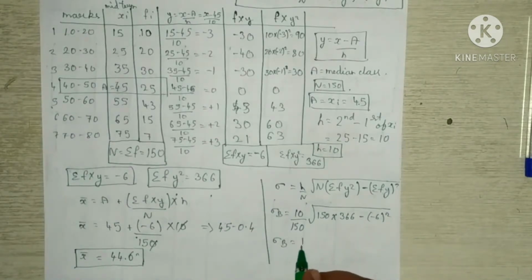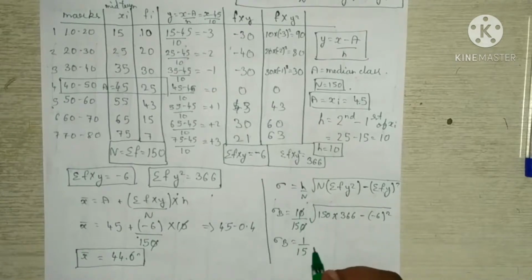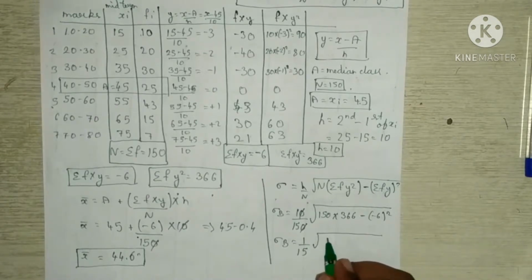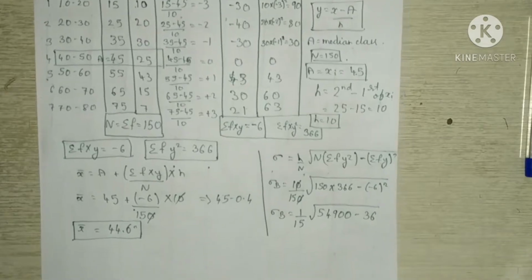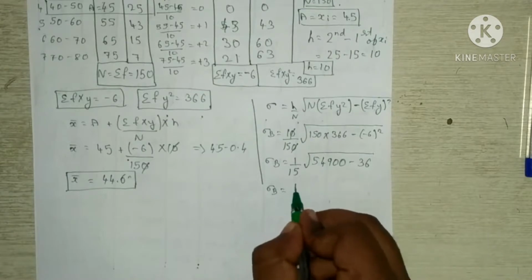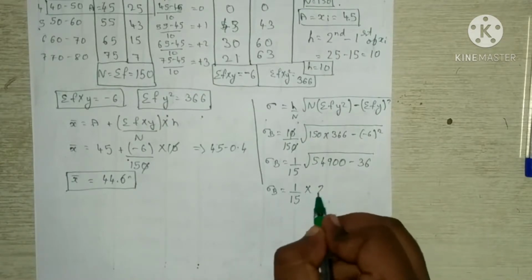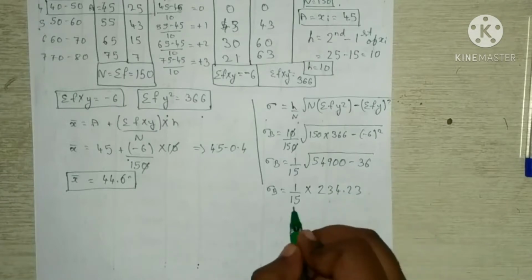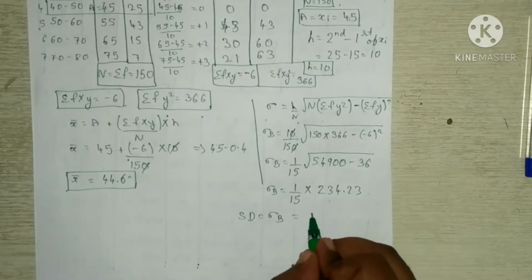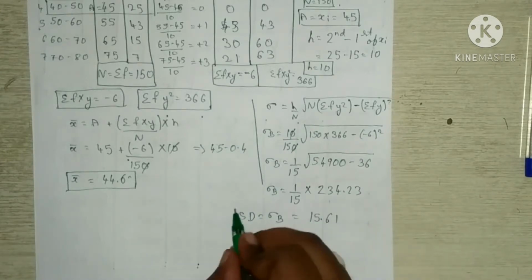Sigma B is equal to 1 by 15, zeros cancel, root over 150 into 366, which is 54900, minus 36. Sigma B is equal to 1 by 15 into 234.23. Finally, you'll get sigma B, the standard deviation, equal to 15.61.